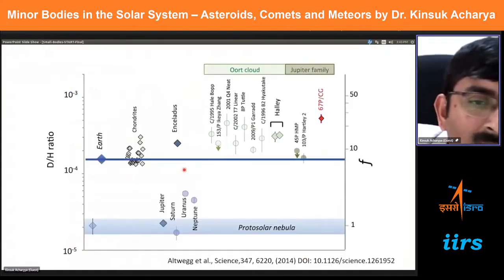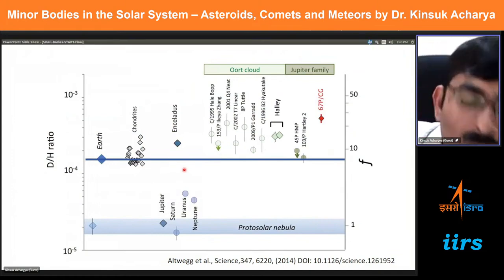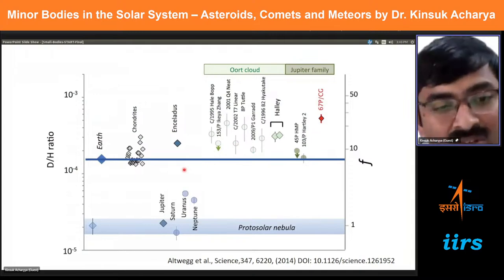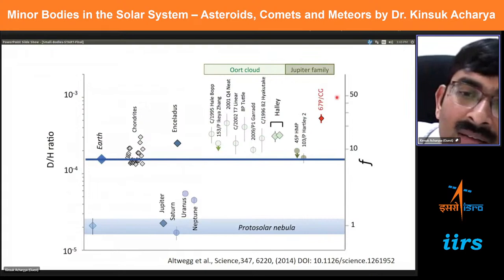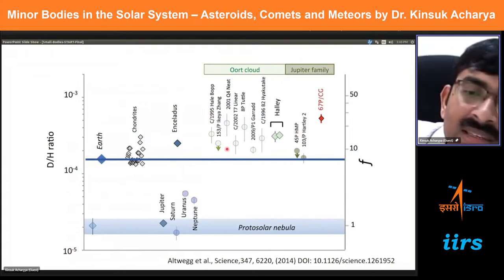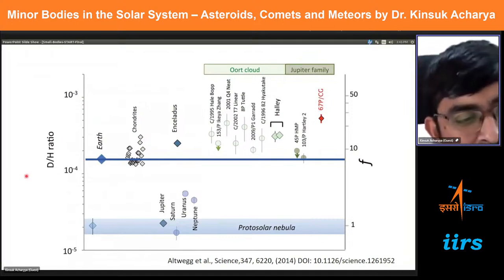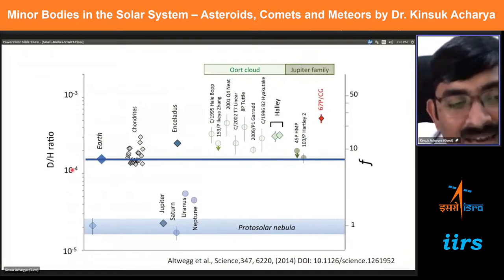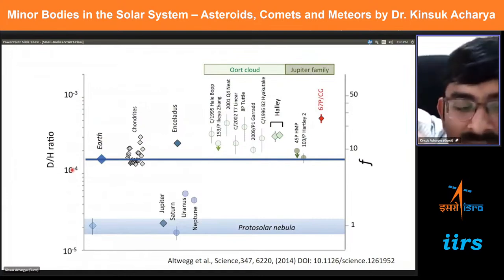So let us now quickly talk about what I have mentioned briefly, that water was brought by various asteroids and comets. After the Rosetta mission, they studied the D/H ratio of comet 67P. You can understand the D/H ratio like a DNA. By a DNA study, you can pinpoint a person or any creature.